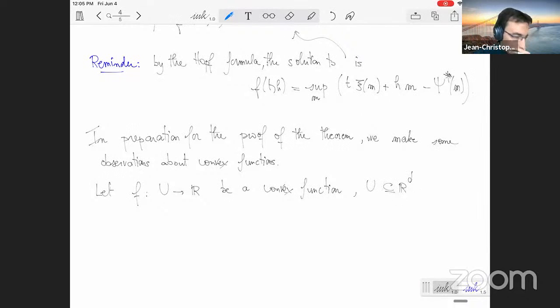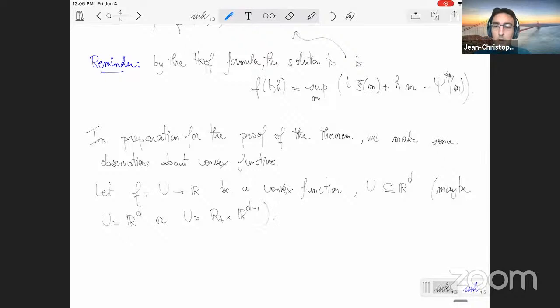I don't think I need to assume much on U, but I write it like this because I want U to be maybe R plus cross R^(d-1), or maybe U equals R^d, or U equals R plus cross R^(d-1).